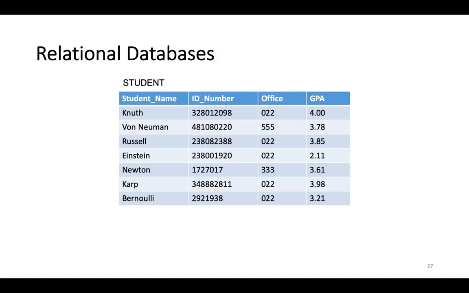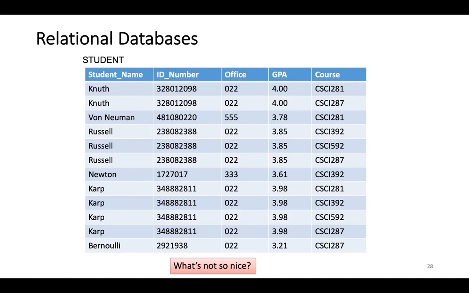But if you want to store other information like courses, it may require multiple rows for each course, and you may need to add this course column here like this.